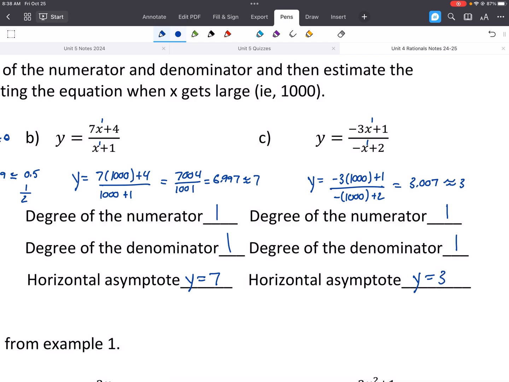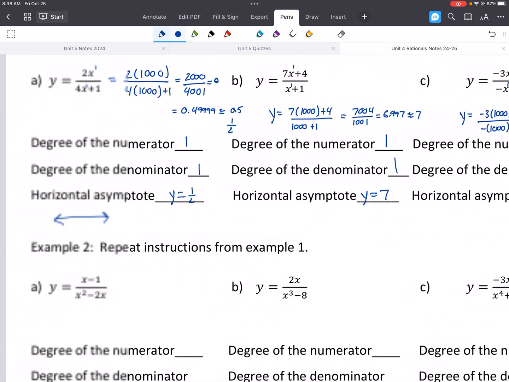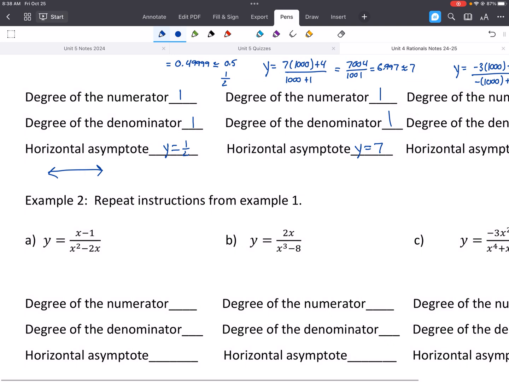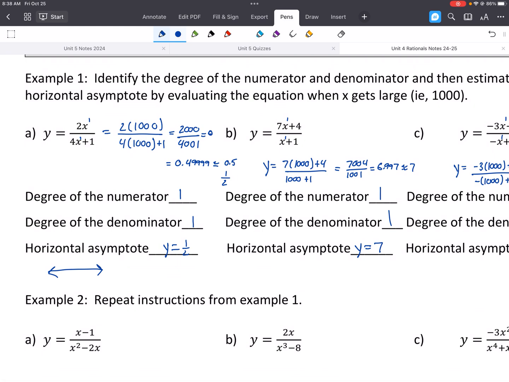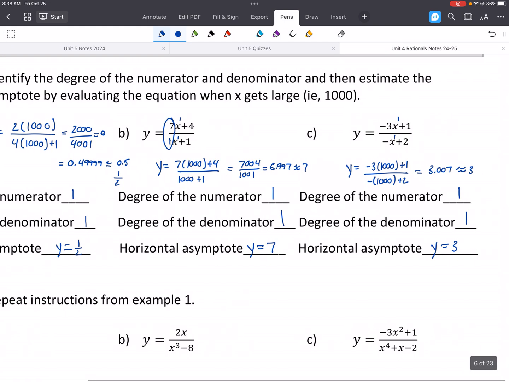Maybe you can see this already, so let's just talk about it. You probably noticed that 2/4 is the same as 1/2, 7/1 is 7, and -3/-1 is +3. So if they have the same degree, then we just look at the leading coefficients.